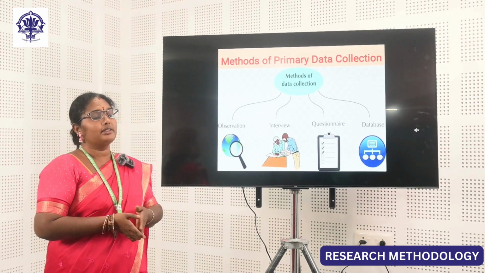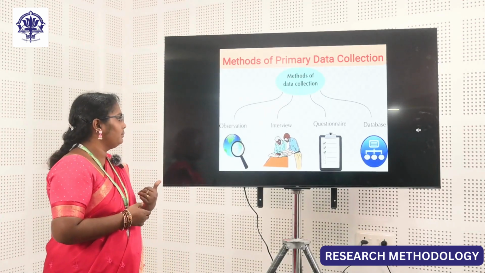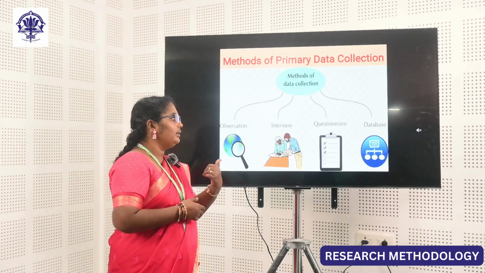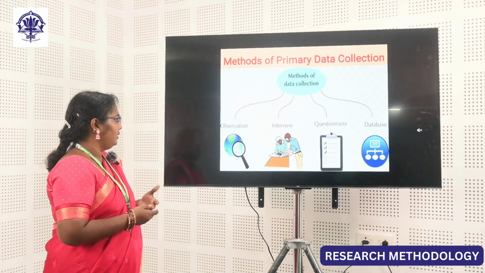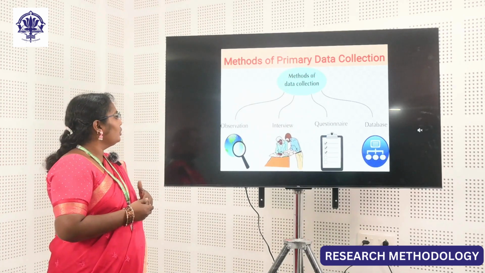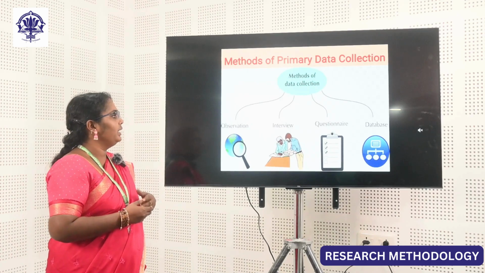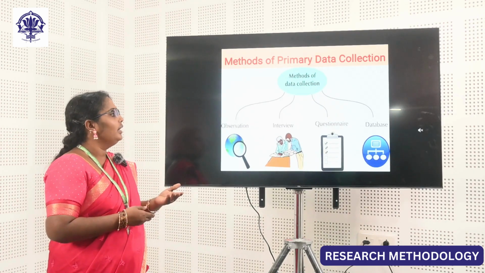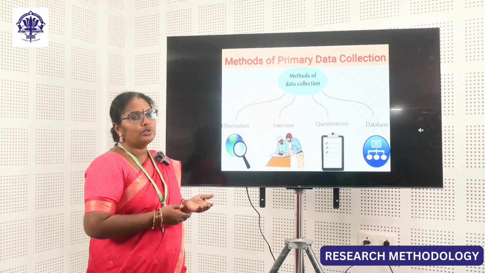In primary data collection, there are four types of collecting methods: the observation method, the interview method, the questionnaire method, and the database method. In each area we can collect our content. By interview we can collect the information, and by giving a questionnaire we can collect all the answers we need. Likewise, a database is also available.